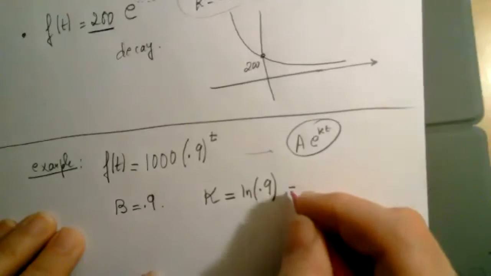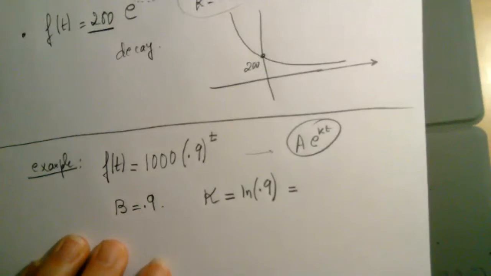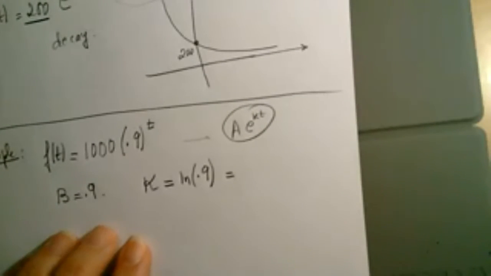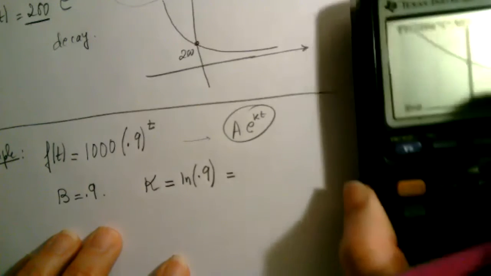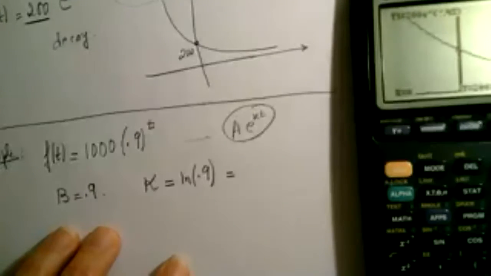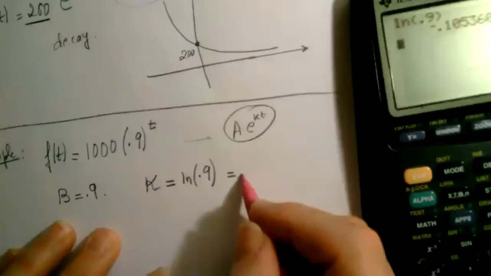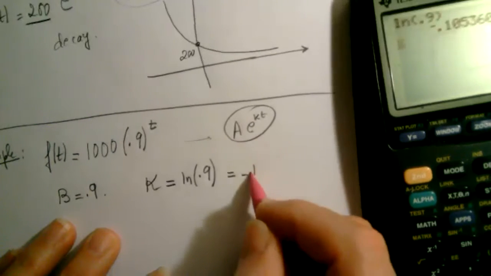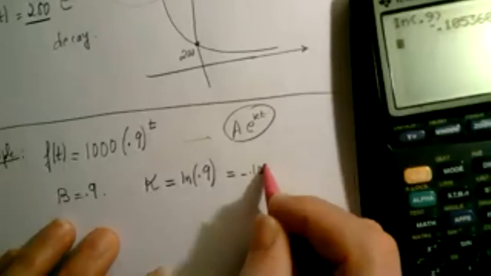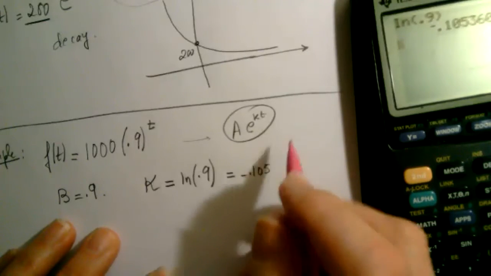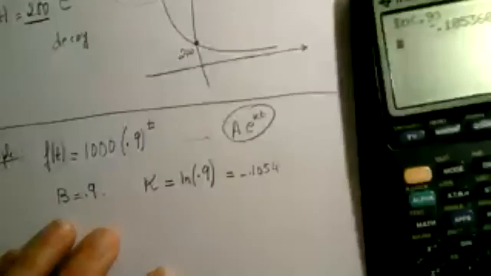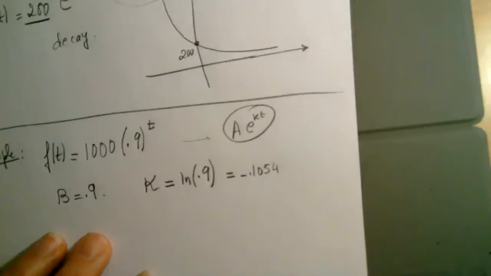We will compute the natural log. Are we going to get a positive number or a negative number? Negative, immediately, because b is less than 1. So I compute ln of 0.9 and I get minus 0.1054, rounded.